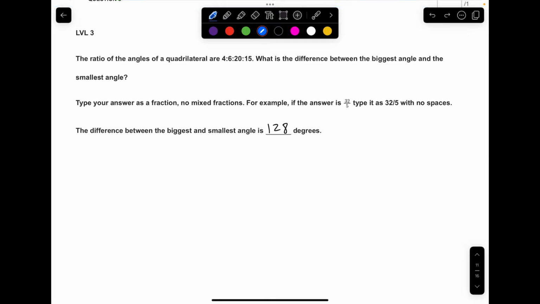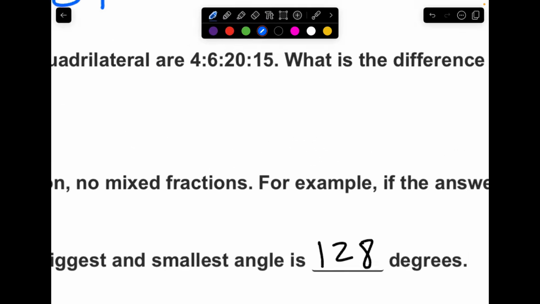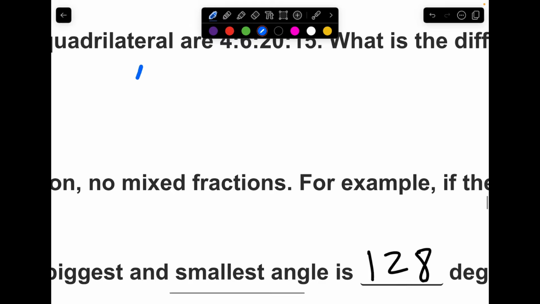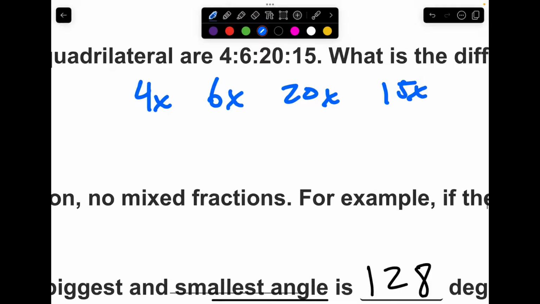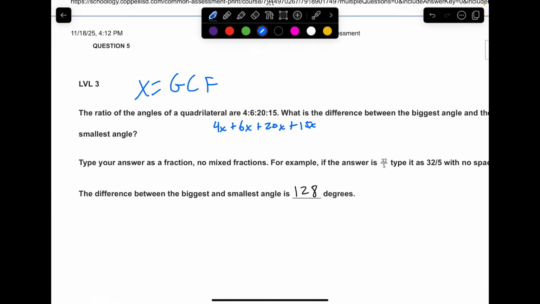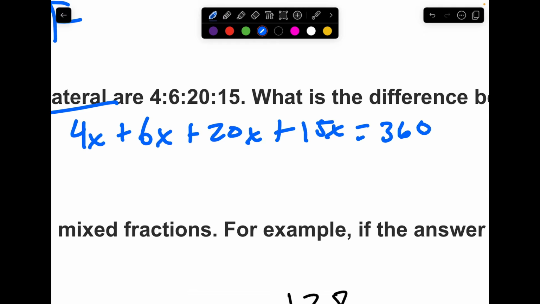All right. The ratio of the angles, these have been reduced already. I'm not doing the whole lesson again, but the idea is that we're going to call x the GCF, and we don't know what the GCF is, but we do know that if we do 4 times x, 6 times x, 20 times x, and 15 times x, if we multiply all those times x and add them together, the original shape is, we're talking about angles of a quadrilateral, so we know in the original numbers they have to add up to 360.